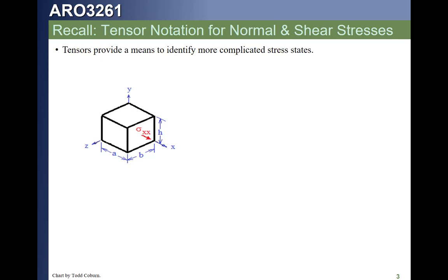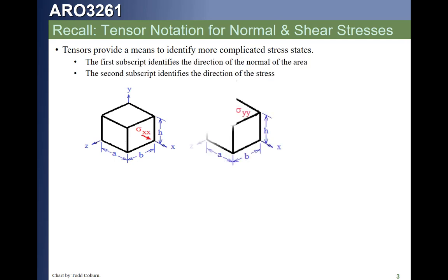Remember, this is a stress on the x area in the x direction. That means it's a stress that acts on the area that's perpendicular to the x-axis in the direction of the x-axis. This is the stress acting on the y area, or the area that's perpendicular to the y-axis in the y direction.